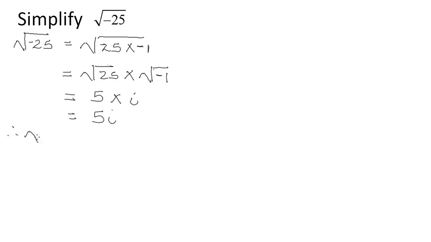Therefore, the square root of negative 25 is equal to 0, because that is your real part, plus 5i. What can be deduced from this? The square root of a negative will always represent your i part.